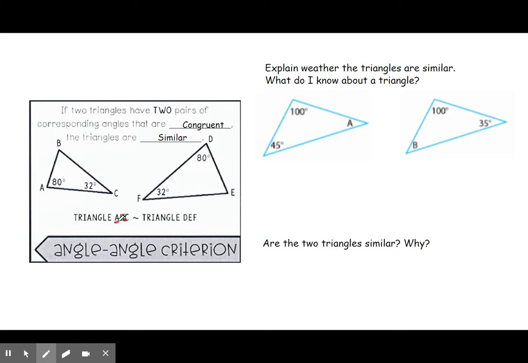Angle A is going to correspond to angle D because they're the first letter. Angle B is going to correspond to angle E because they're the second letter in each triangle in my statement. And then angle C is going to correspond to angle F because it's the third or the last letter in my statement.